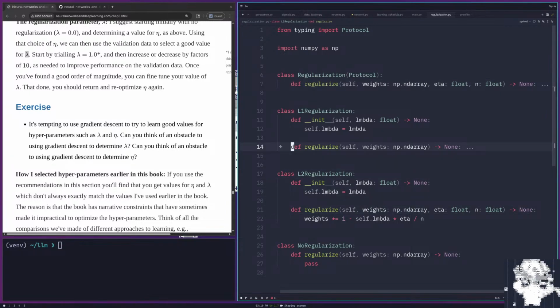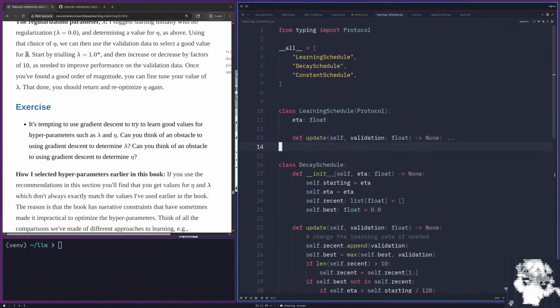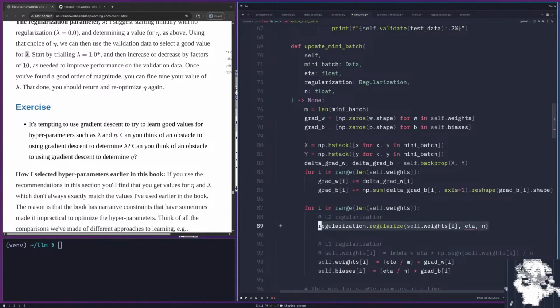Which means we need to do the same here and the same here. This would be L1.